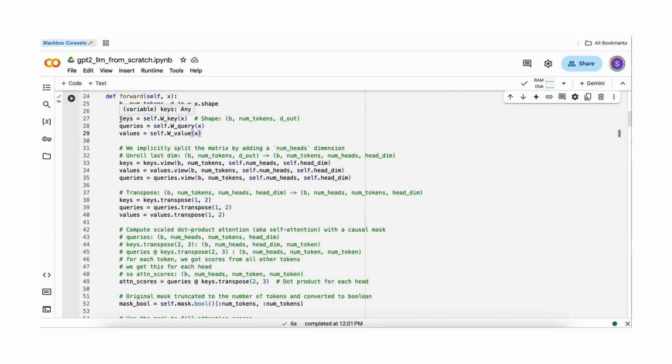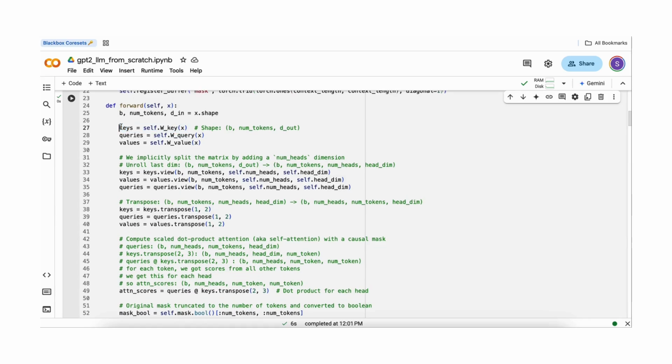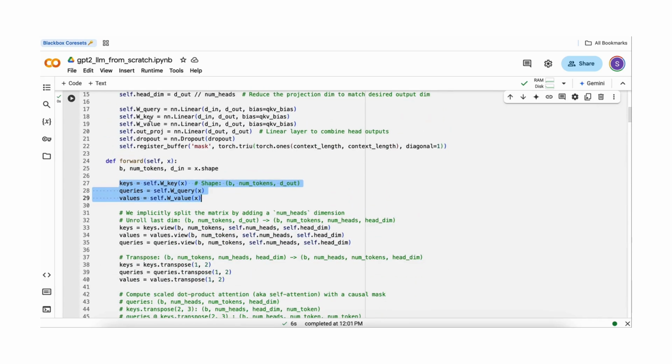And so now we get the key, query, and the value by simply taking these as the input of the function, and this is a linear layer. So the X was B, num tokens, D in, and the linear layer will output B, num tokens, and D out.